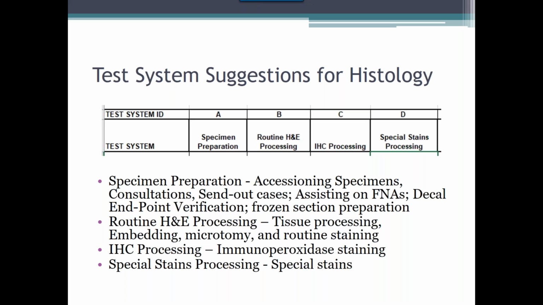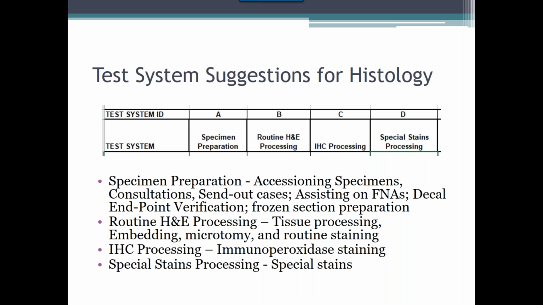For histology, we can apply that concept to IHC and special stains. However, we have to think out of the box a bit to apply this concept to the other areas in histology that are relevant, such as cutting and embedding, and all the other miscellaneous tasks we carry out in the department. You can see on this slide how each of the aforementioned test systems are essentially defined.